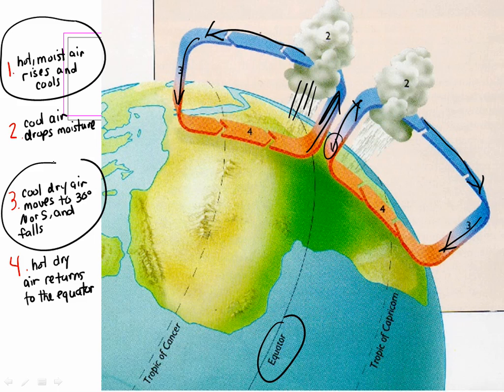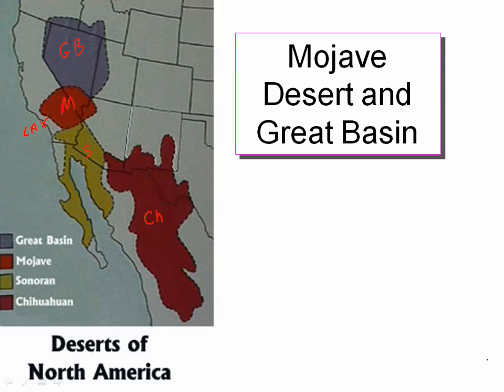As it falls, gets closer to the Earth, where the air pressure is greater, it becomes hotter. That is a perfect place for a desert. Finally, this hot, dry air can return to the equator, picking up moisture along the way, and the whole process happens again.